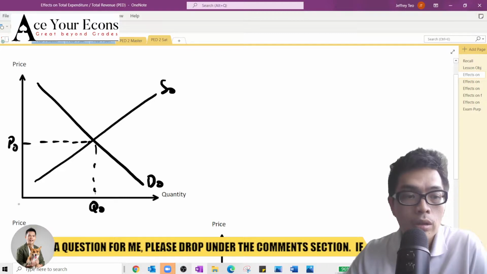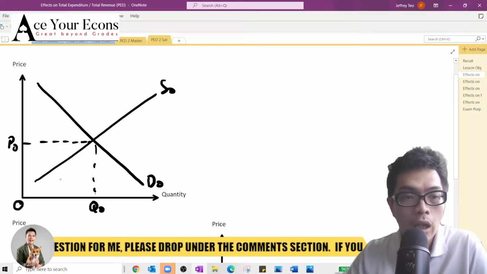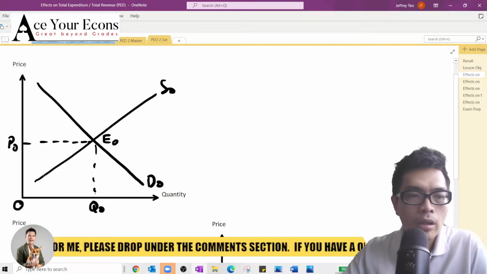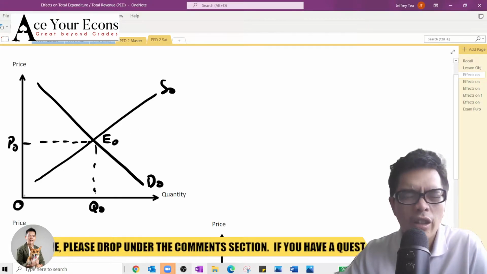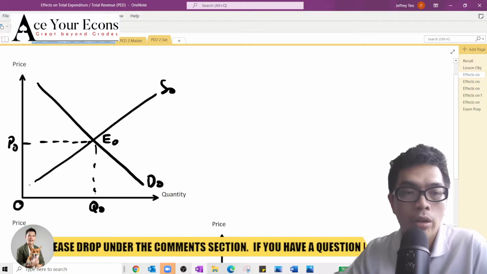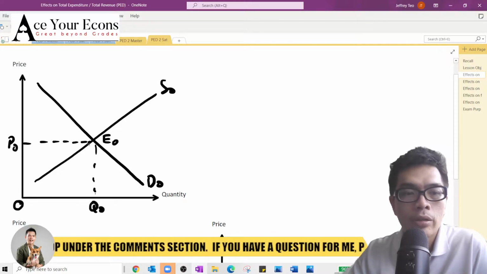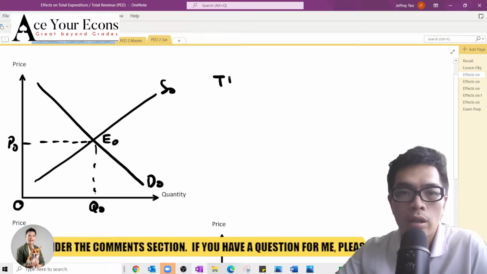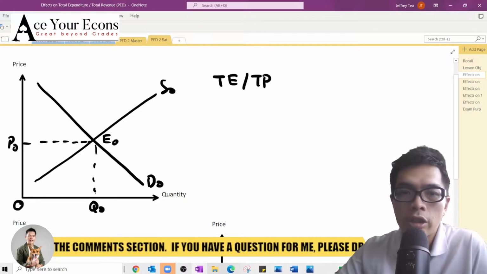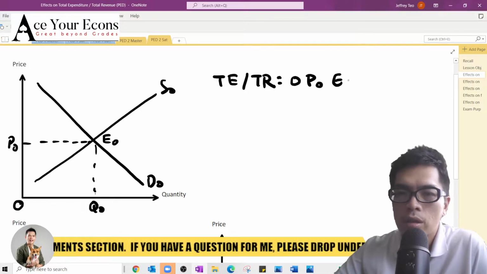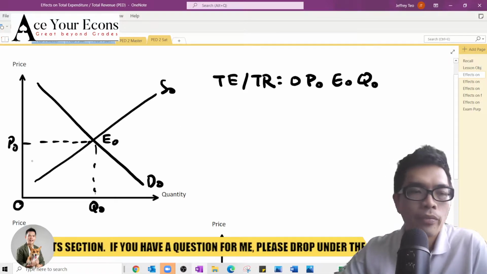So learn to insert an origin here, and your initial equilibrium point. Your initial total revenue or total expenditure will be 0, P0, E0, Q0. Initial TE, TR: 0, P0, E0, Q0.